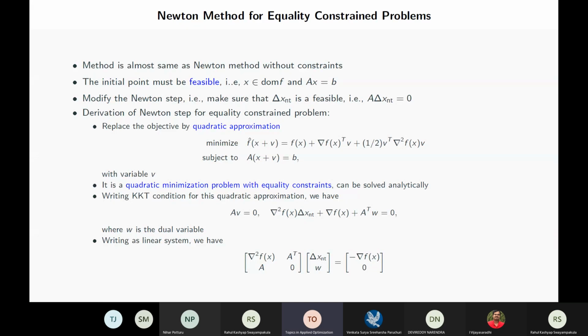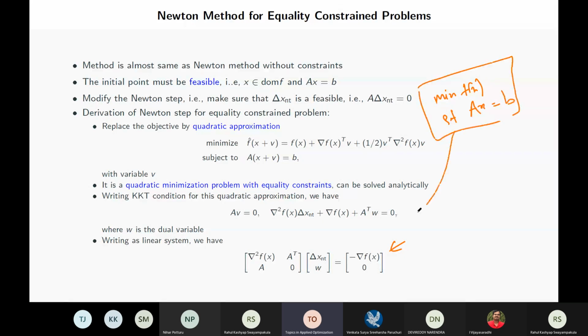In other words, your original function could be anything, but you can solve it via Newton method and it will look like this. Given a problem, minimize f of x subject to the equality constraint Ax equals b, how will you solve this via Newton method?